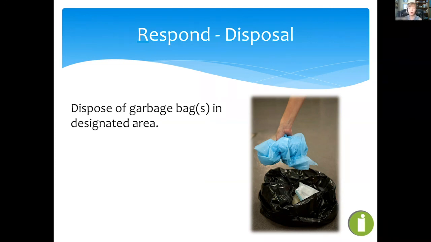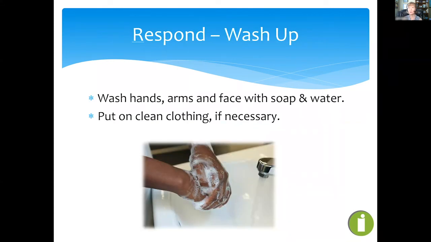Some schools require red bagging of things that could have body fluids in. Other school districts don't require that, and it can just go in the dumpster. So whatever your plan is, you need to have a designated disposal area. And then the last thing after we've taken our PPE off is we're washing our hands, and if there's a possibility that your clothes have been soiled, it's a good thing to go ahead and take your clothes off and put a different set of clothes on and make sure that those are washed effectively.